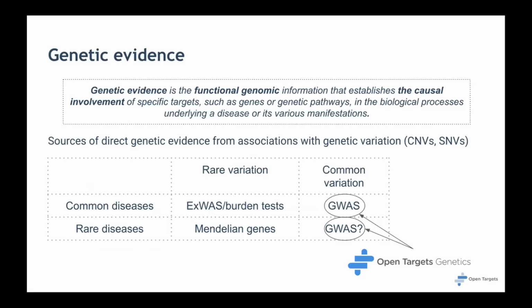There are a lot of types of the genetic evidence. Open Targets works with probably all of them. I'm going to focus on genetic evidence that comes from GWAS, and this is exactly the topic of the workshop. And the unit in Open Targets that works with the genetic evidence from GWAS is called Open Targets Genetics.